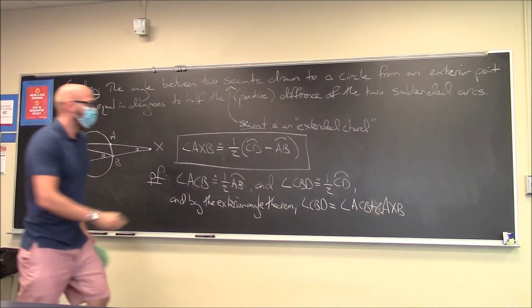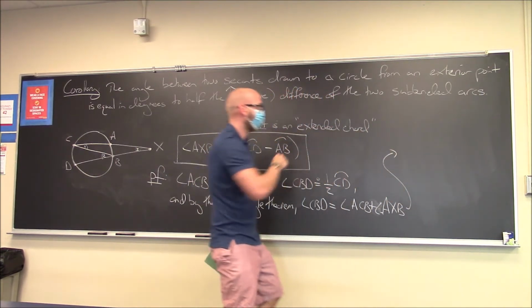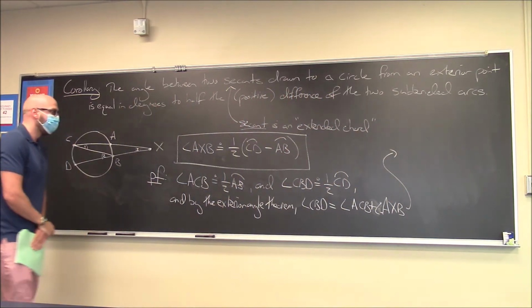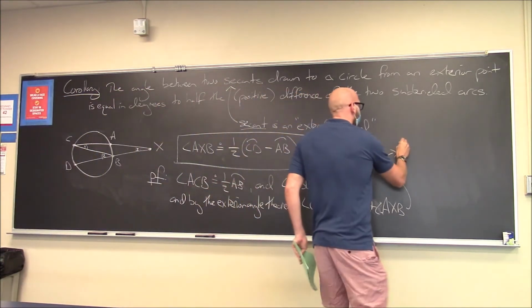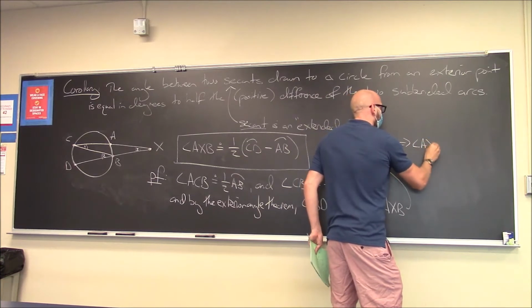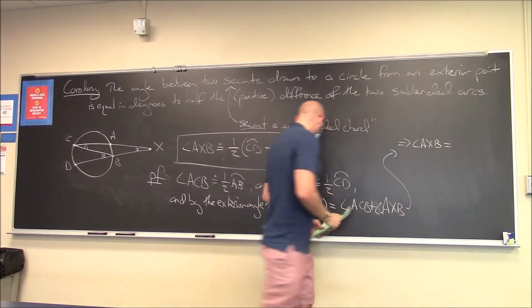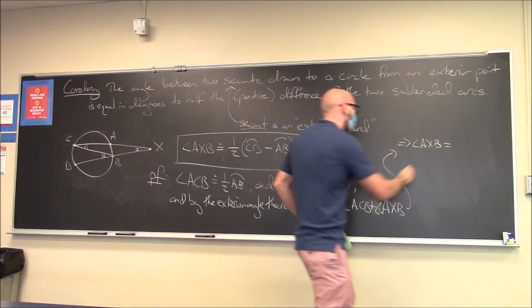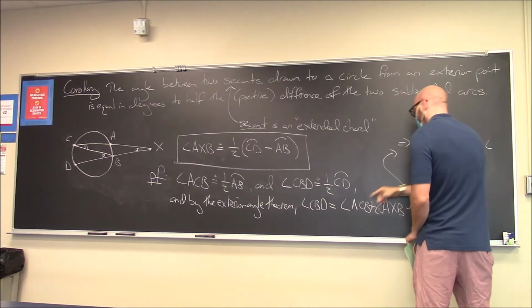So I'm really out of space here, but I think we can use this little bit of board left. So what does that mean? Just rearrange. That means that angle AXB, the one we're looking for, is equal to angle CBD minus angle ACB.